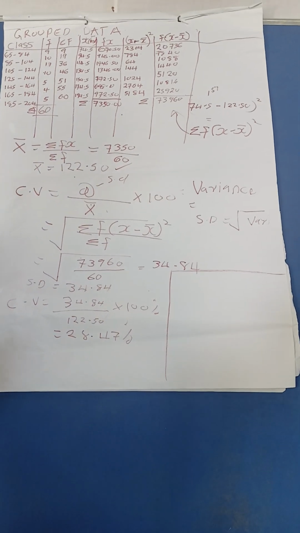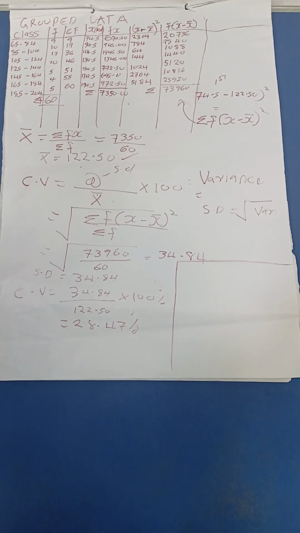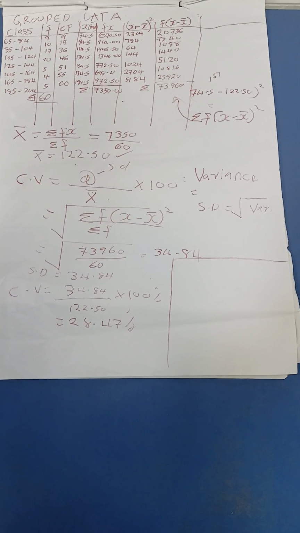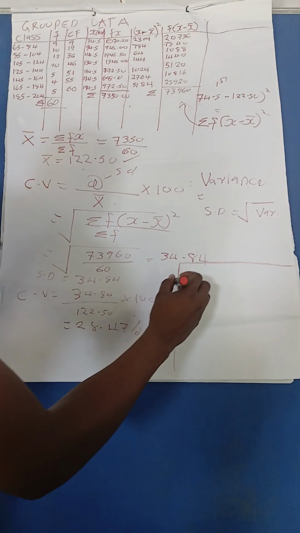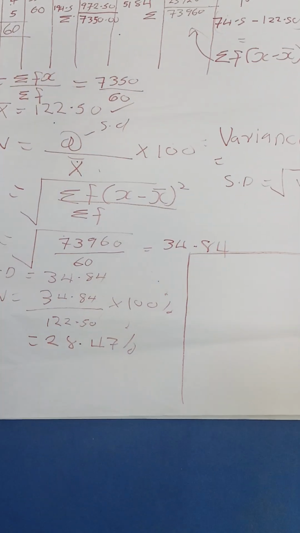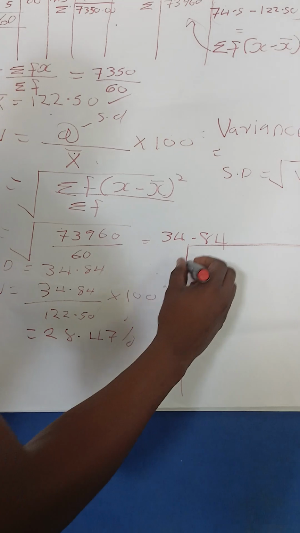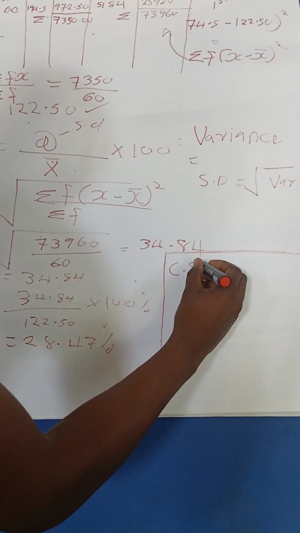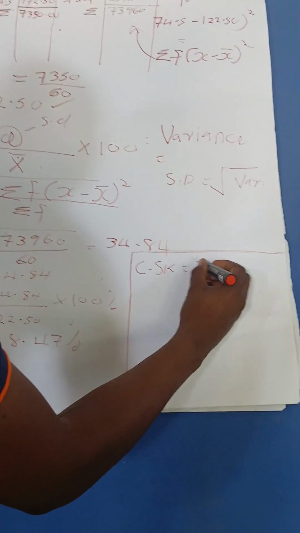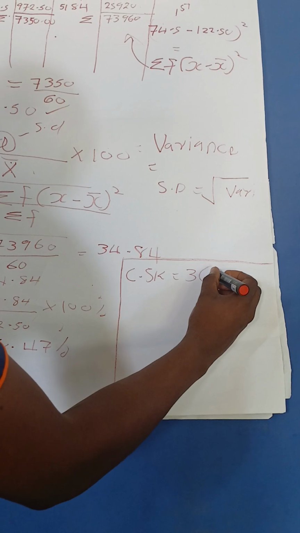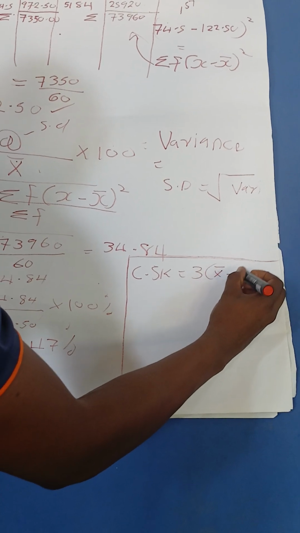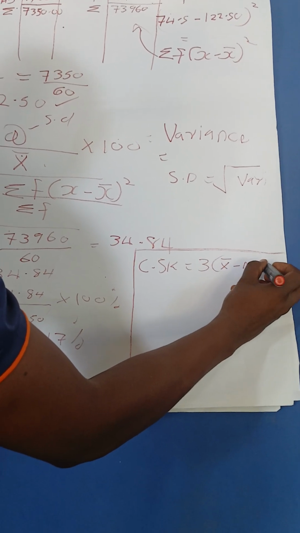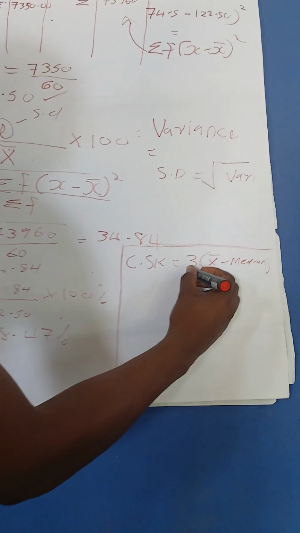The coefficient of skewness in this regard, it will be what? I will give the formula, then I'll show you how we'll do it. So the coefficient of skewness, we said, is 3 in bracket, the mean minus the median, you divide by what?